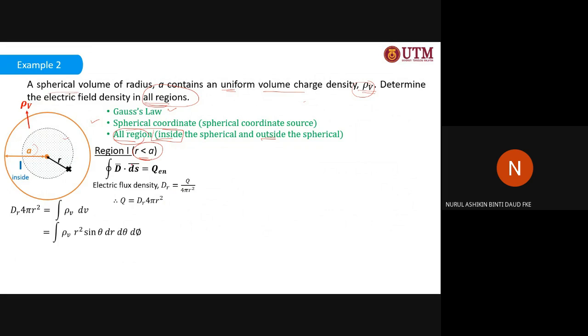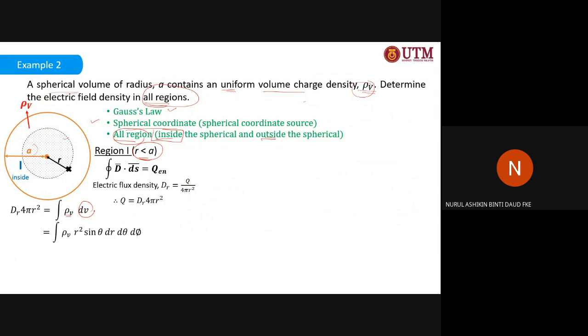From here we can say that this Q will be Dr 4 pi r squared, and this is equal to the integral of rho v dv, where rho v is the charge density.